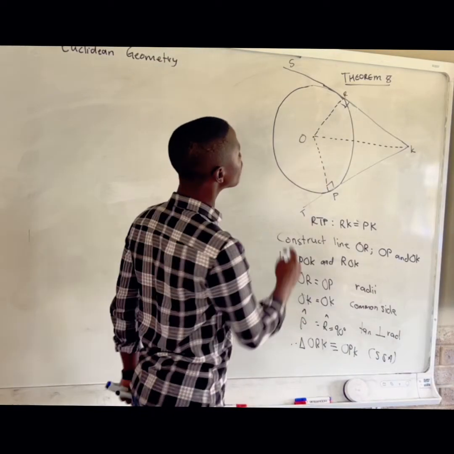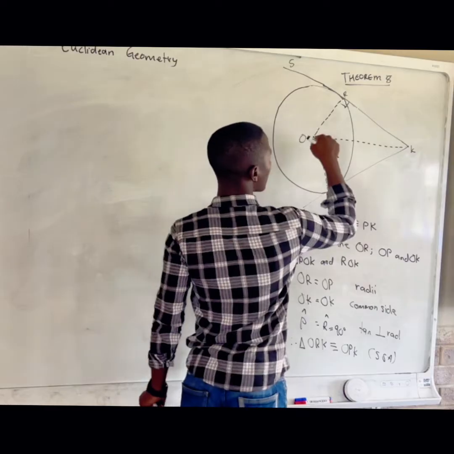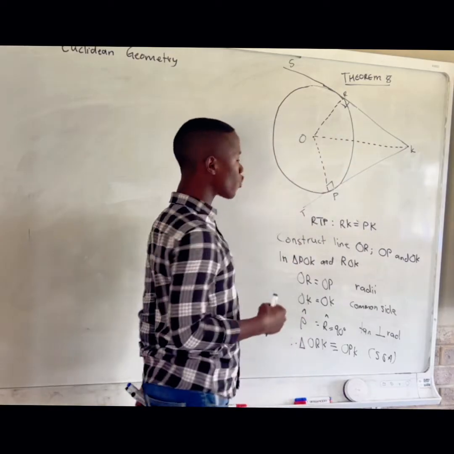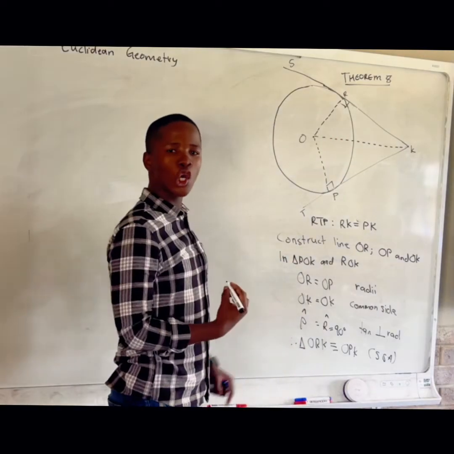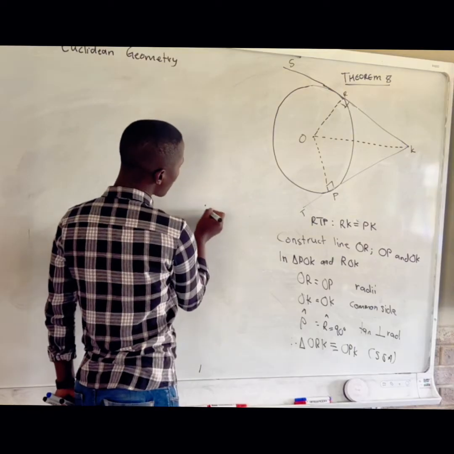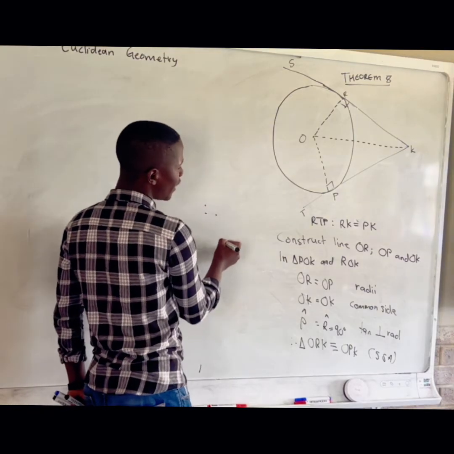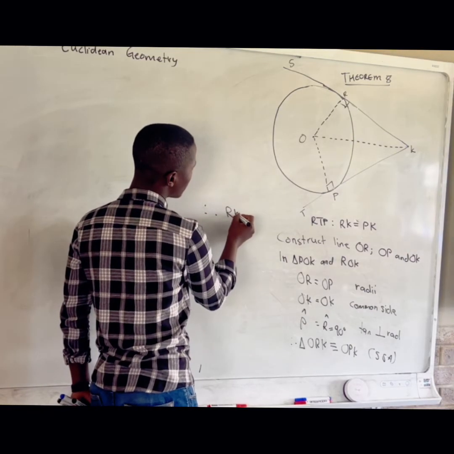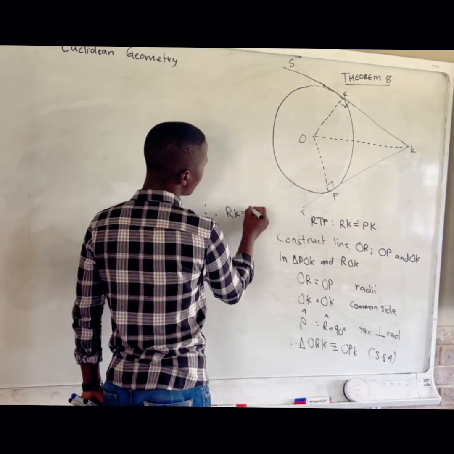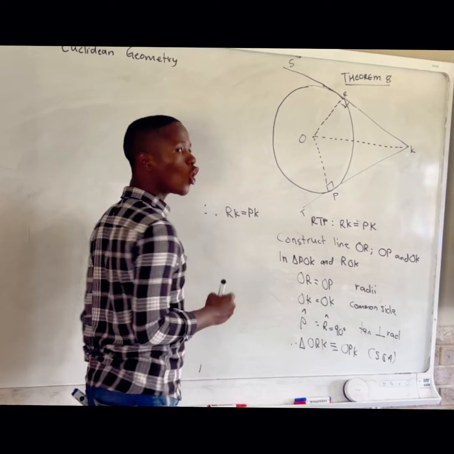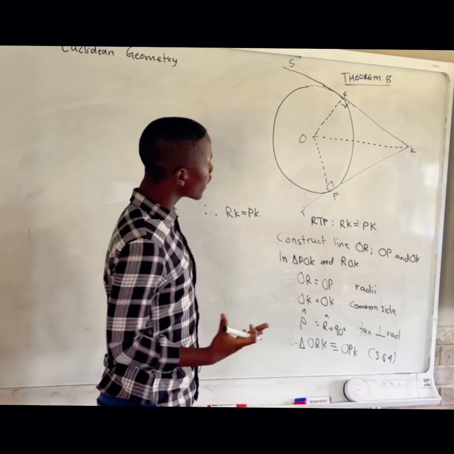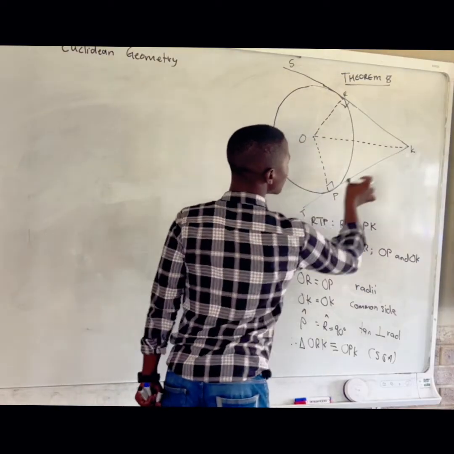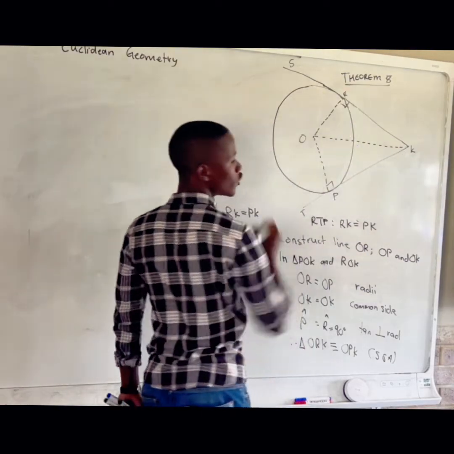Now, if you have proven that these triangles are congruent, you can conclude that RK is equal to PK. You are drawing this conclusion from the fact that these triangles are congruent to each other.